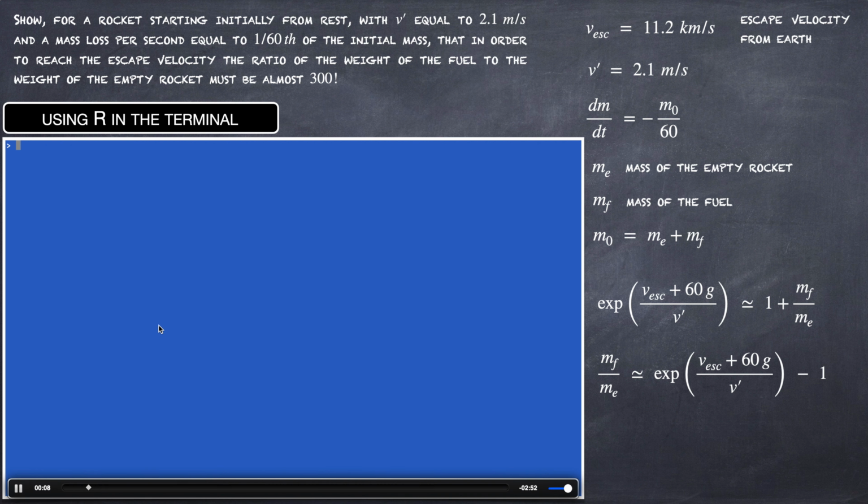So in R, we will first introduce the escape velocity, which is 11,200 meters per second. V prime is 2.1 meters per second again, and g is 9.8 meters per second squared.